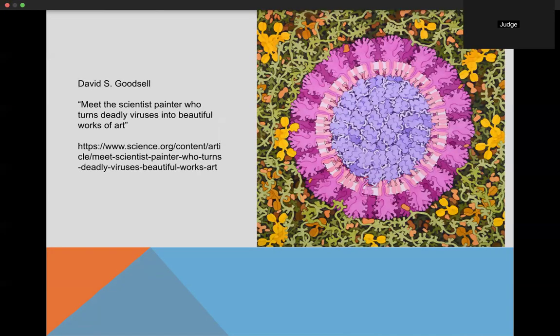Finally, as I showed you, I encourage you to think about how these molecules can be represented in beautiful ways. I hope you're seeing the beauty in it. You're welcome to check out this article on David S. Goodsell's work. If you haven't already, I showed you this picture in class already, his rendering of the coronavirus that causes COVID-19. The molecular world is quite remarkable, and I hope this is getting you excited about it.